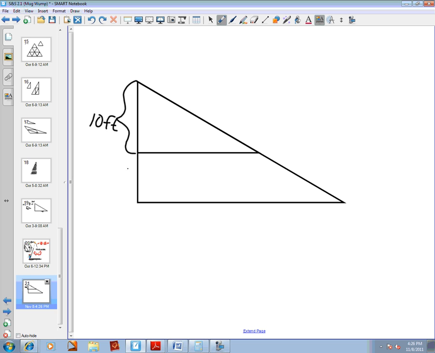This part, the remainder of that side, we don't know. Okay? Now we know that this bottom leg here, and the one on the inside of the triangle, is 15 feet. And then down at the bottom is 20 feet. Okay? And we've got to find this small section right here in red. How do we do that?